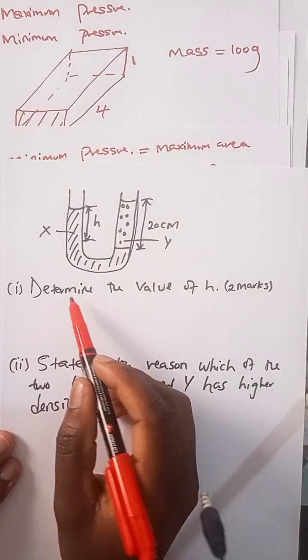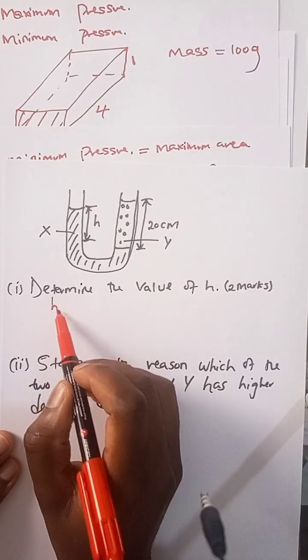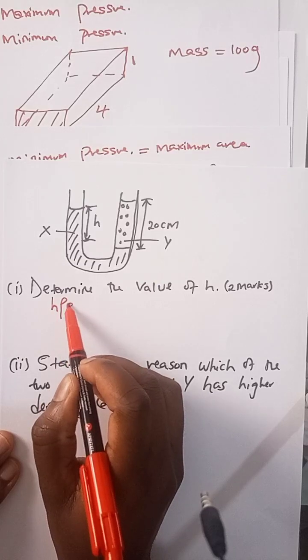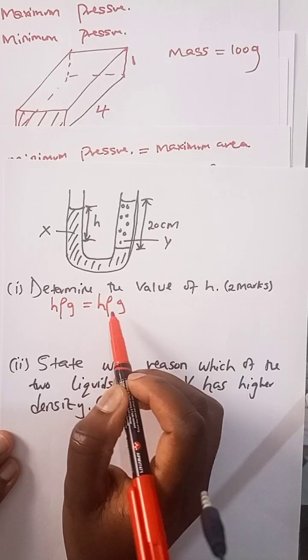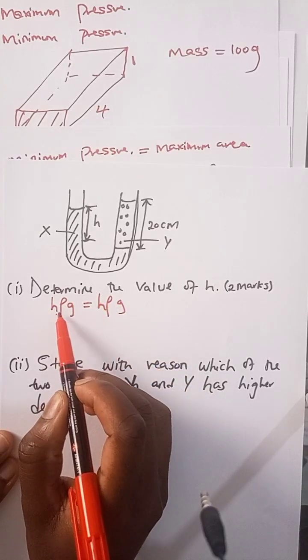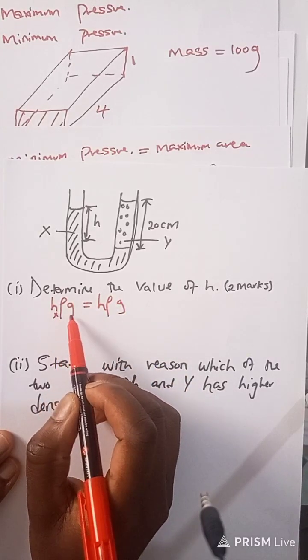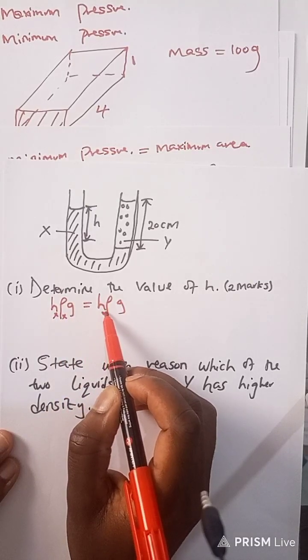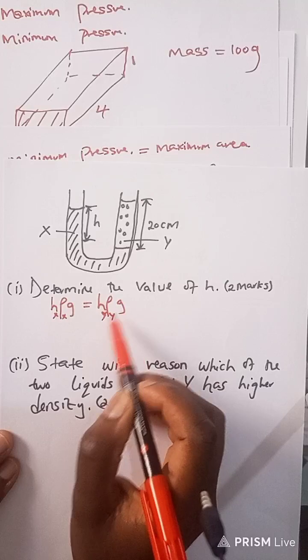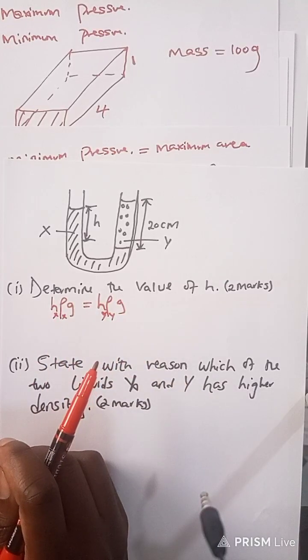So therefore, we'll talk about hρg is equal to hρg. And by that I mean h of X, density of X, h of Y, density of Y, but g, remember g is constant for all.